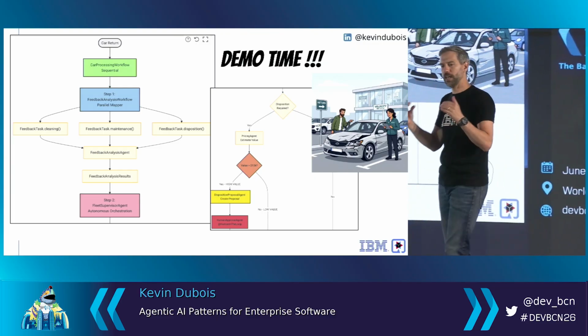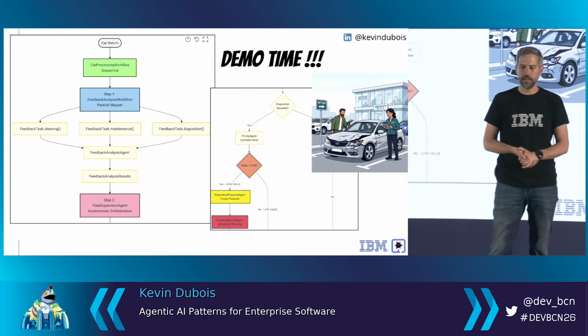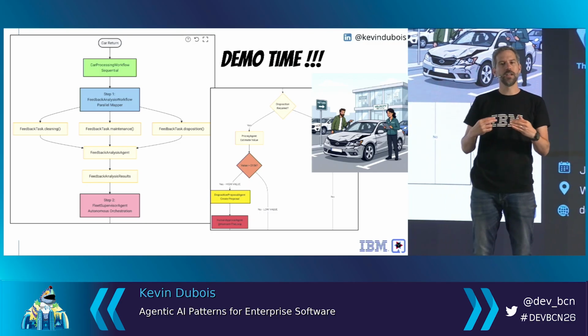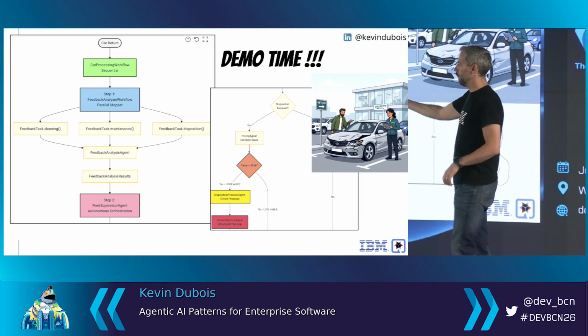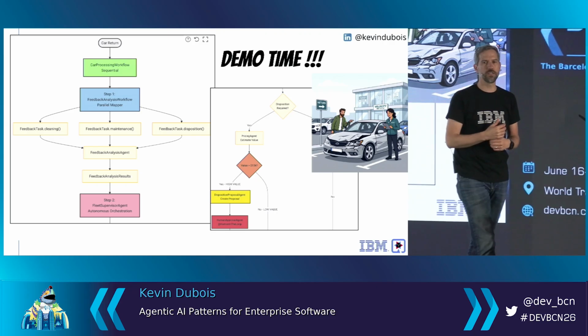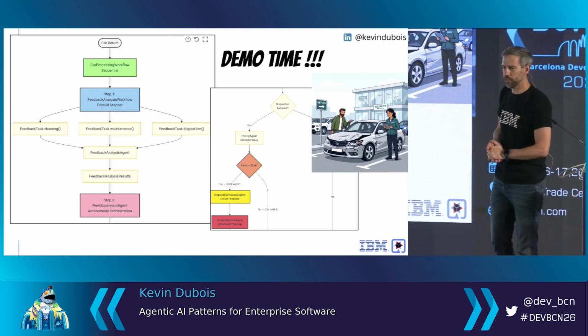So 3 different agents are going to run in parallel, and then they're going to send their response back to a feedback analysis agent that is going to analyze the 3 responses and create a feedback result. And then we have our supervisor agent that is going to have access to multiple sub-agents to determine, based on that feedback, what needs to happen and where to send it.